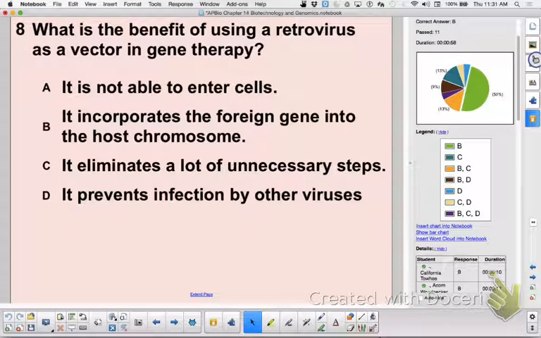It is not able to enter cells. Okay, viruses have to be able to enter cells, right? You know that. That's how they work, by hijacking the cellular machinery. Did I say anything about eliminating unnecessary steps? No. And D, if it prevented infection by other viruses, don't you think we would all get it done?